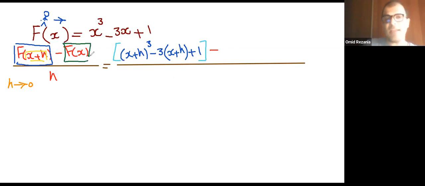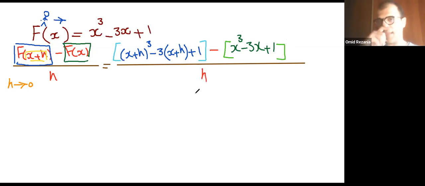Wherever you see green, it means that I'm doing the same thing. My f of x is going to be very simple. I have the f of x itself. It's going to be x cubed minus 3x plus 1. And I know that I have to put that in parentheses because the minus has an impact on all of it. And I have my h here.